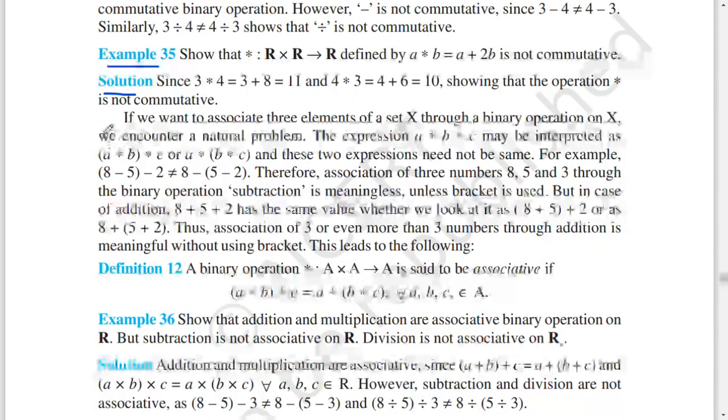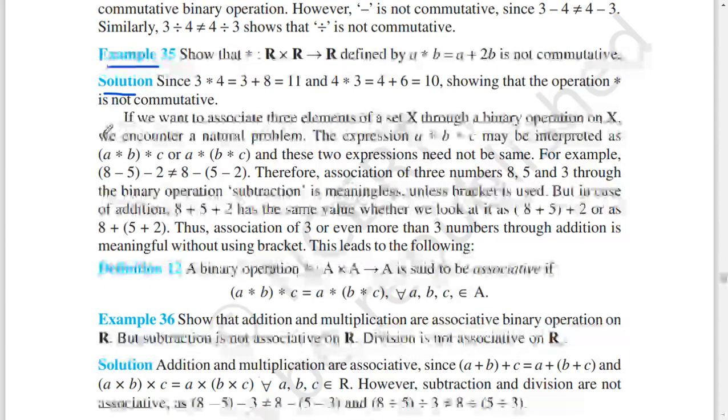If we want to associate three elements of a set X through a binary operation on X, we encounter a natural problem. The expression a * b * c may be interpreted as (a * b) * c or a * (b * c), and these two expressions need not be the same. For example, (8 − 5) − 2 ≠ 8 − (5 − 2).